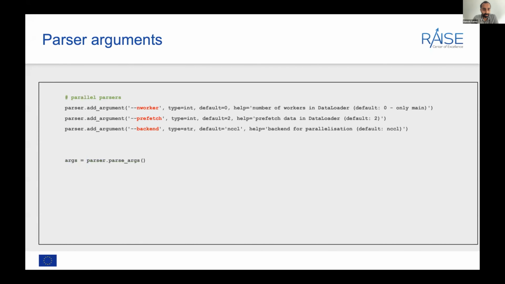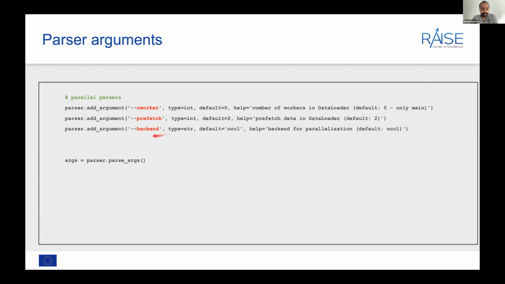And then a few configurations which are useful for the distributed learning setup that we have. So first of all is this number of workers, which Marcel was talking about. So basically here we have the number of CPU threads that we want to have, which help us in the data loading process.